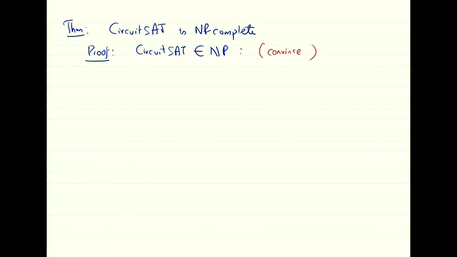But the more important and more interesting thing is that I need to prove that circuit SAT is NP complete, meaning for every problem, take any problem A that is inside NP, it should be the case that A reduces to circuit SAT.